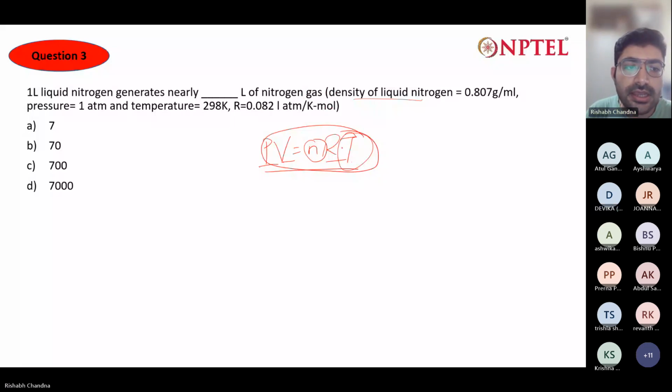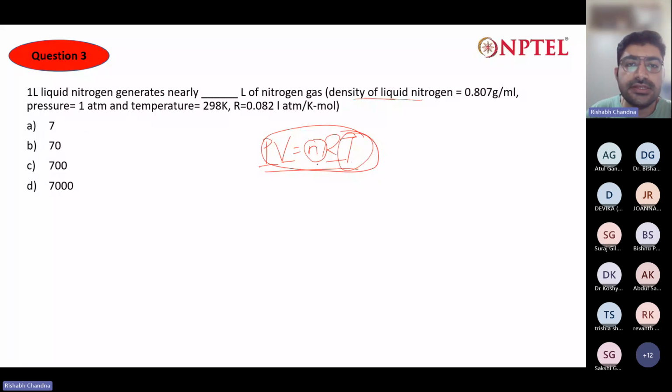So we have to find the volume. From this information, we have direct values of gas constant, temperature, and pressure, and we have the density of liquid nitrogen.